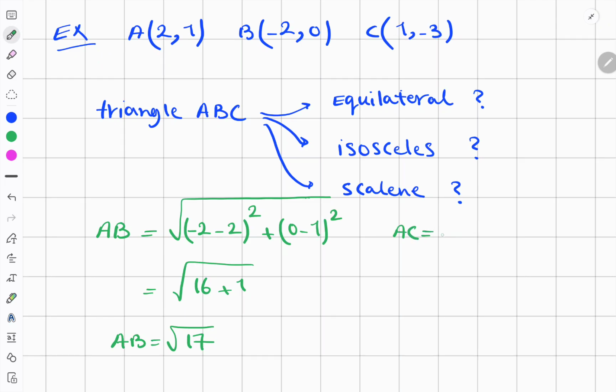Difference of x's. Okay, A and C. 2 minus 1 squared plus 1 minus negative 3.